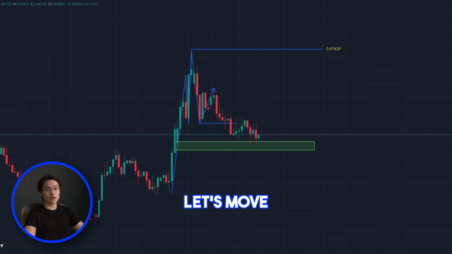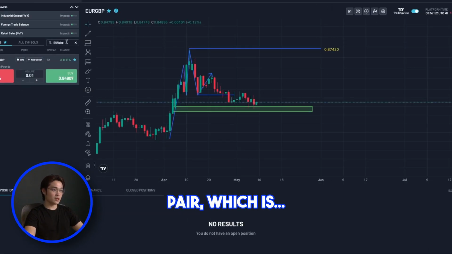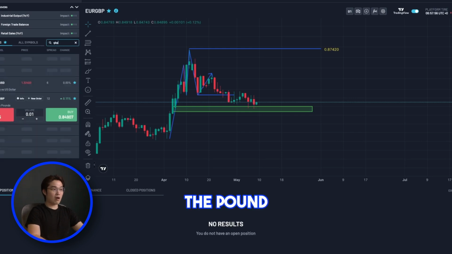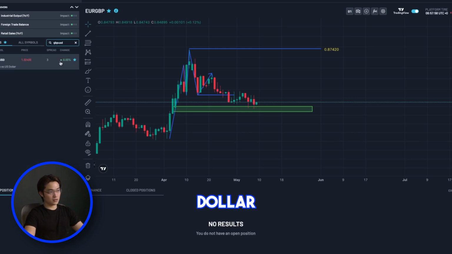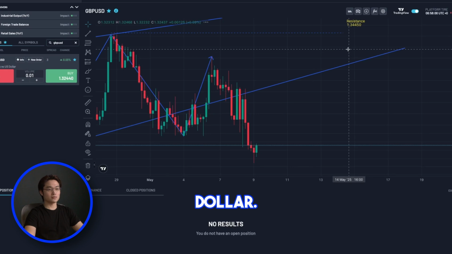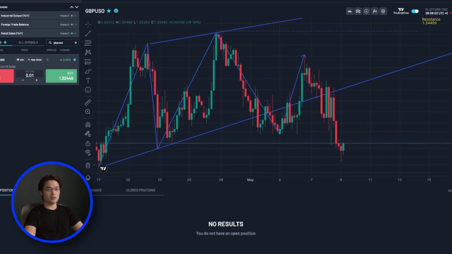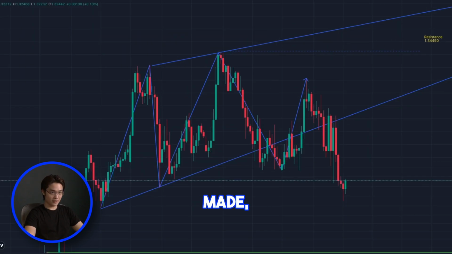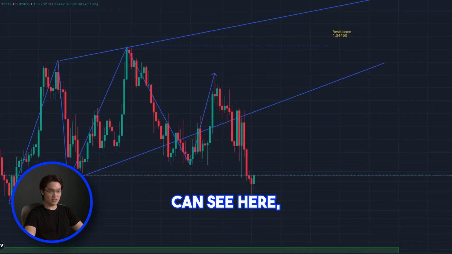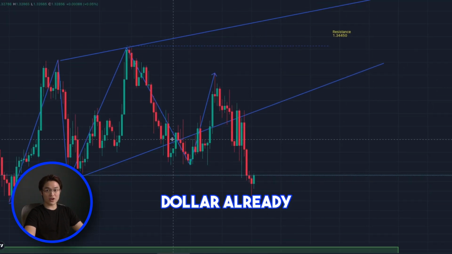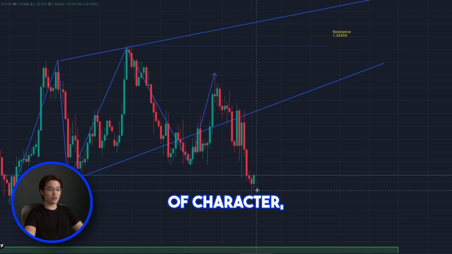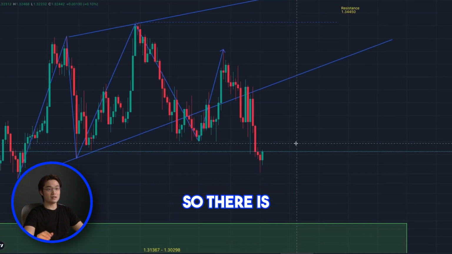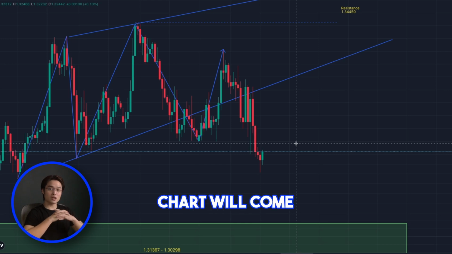Okay, let's move to the next pair, which is pound dollar. The pound dollar already made, you can see here, a change of character, so it is highly likely that the pound dollar on the 4-hour chart will come to a bearish trend.